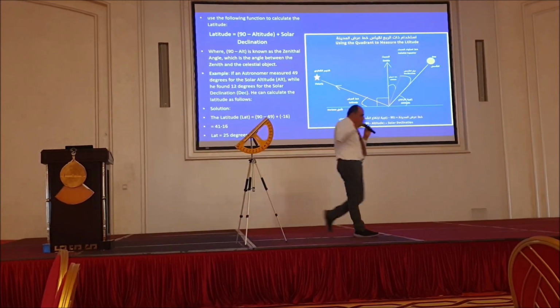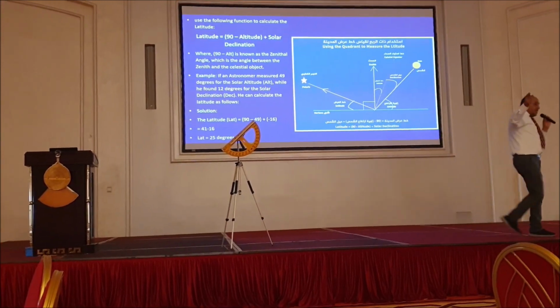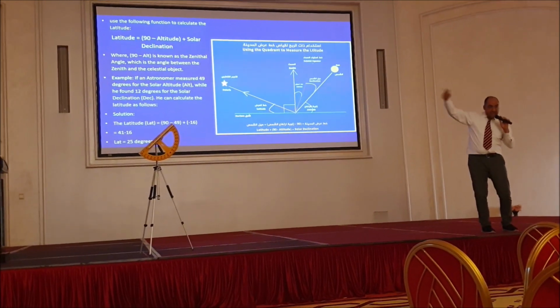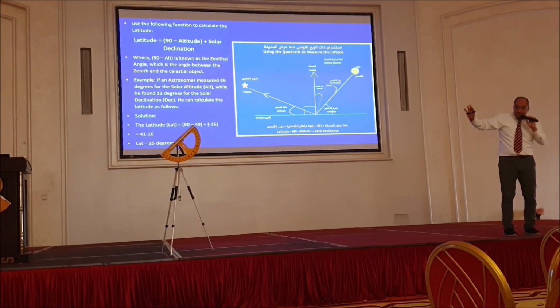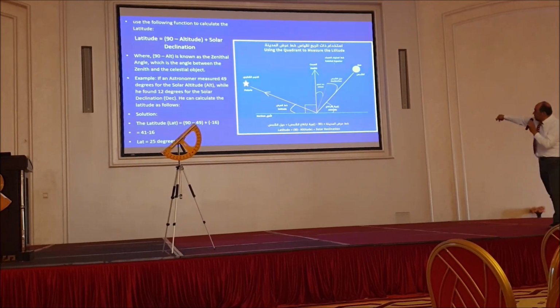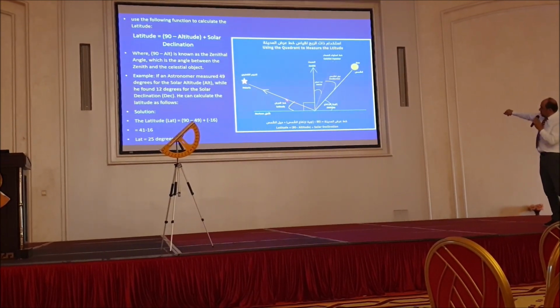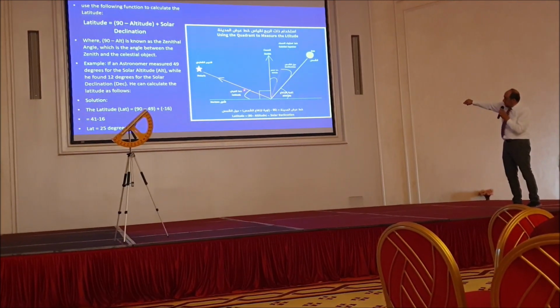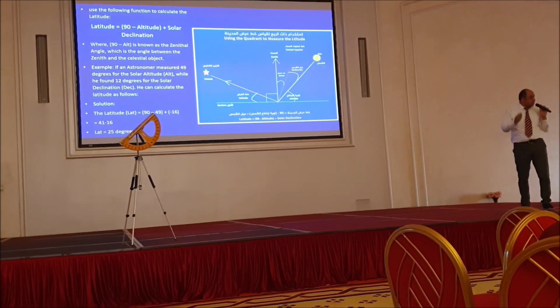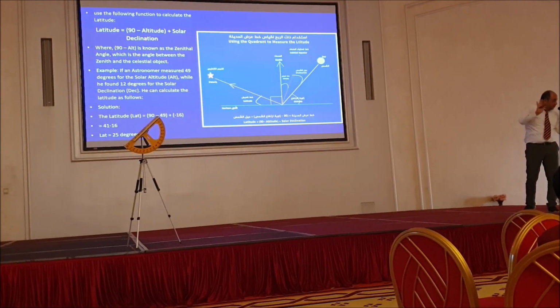Now, remember what I told you. What's the relation between Polaris and the equator? Right angle, okay? 90 degrees. Look, in Doha, this is the height of Polaris, the North Pole. It is the latitude, 25 almost, isn't it? Clear?